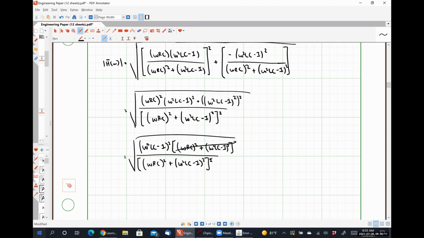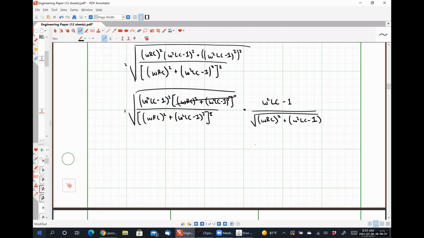This guy cancels out one power of that, leaving us with omega squared LC minus 1 divided by the square root of omega RC squared plus omega squared LC minus 1.